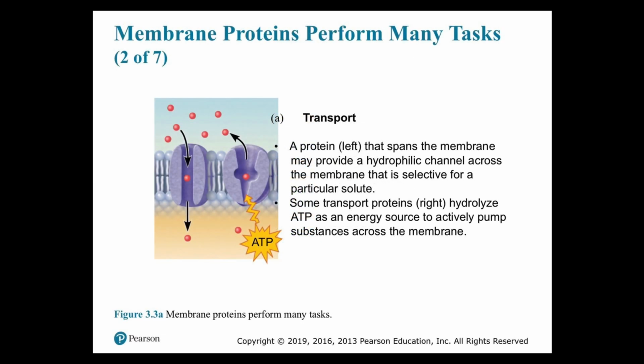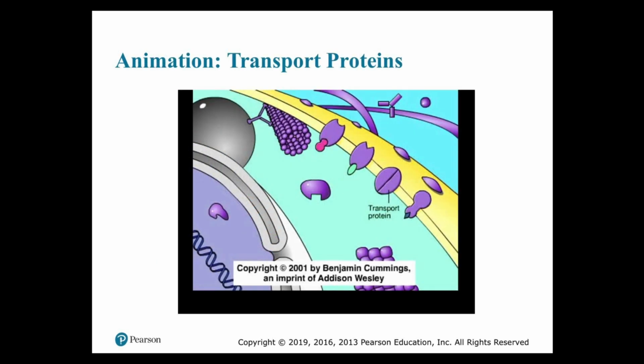Figure 3.3, membrane proteins perform many tasks. So let's zoom in and examine each one of these tasks. Figure 3.3a shows transport. So there are two examples in the figure. On the left, the protein spans the membrane.